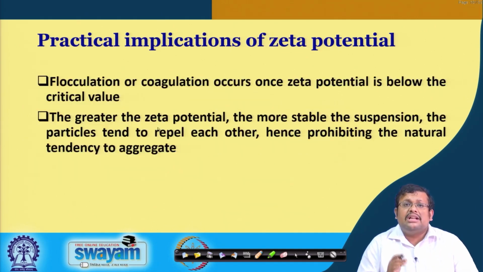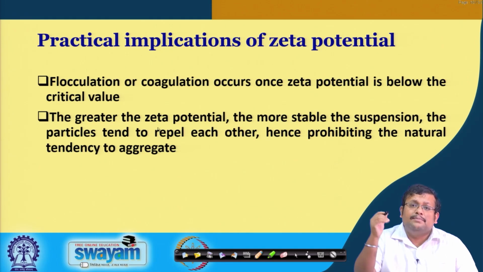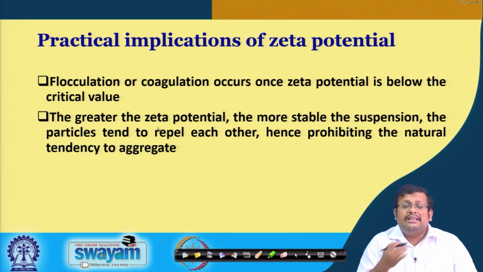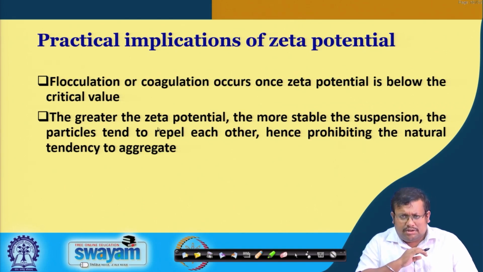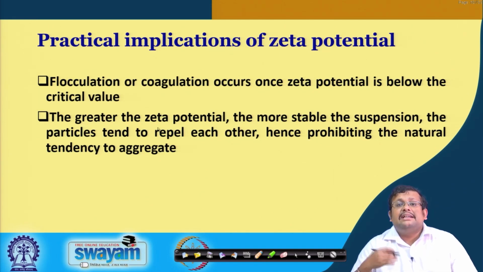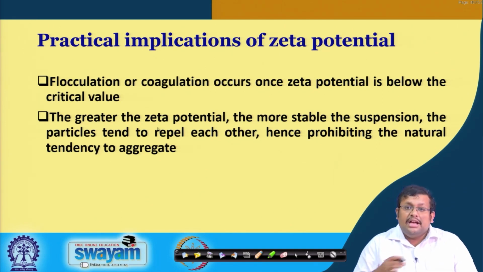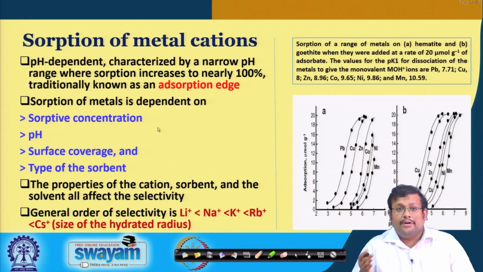Remember, if the zeta potential is below a certain critical limit, that will increase the flocculation, and if the zeta potential is increased, then the particles will be in suspension, creating a stable solution and prohibiting the natural tendency to aggregate. And prohibiting the natural tendency of aggregation is very problematic for soil, because that would not help in soil aggregation, which is required for plant growth.